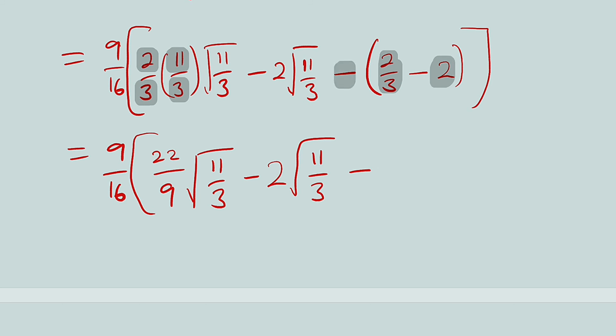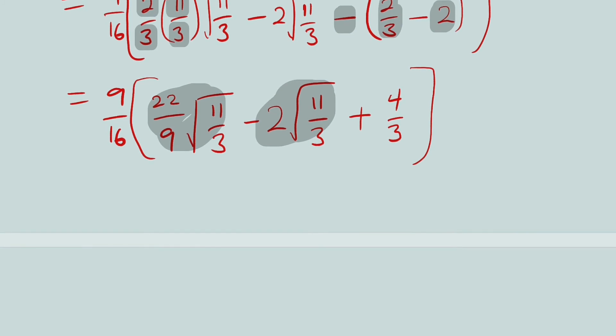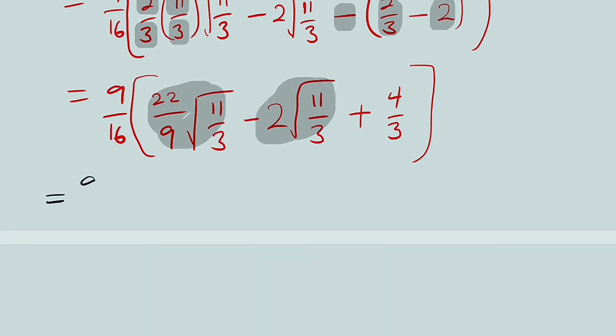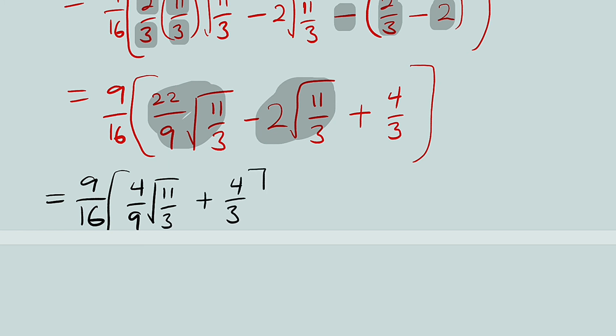And we have another negative here, so they become positive 4 over 3. These two terms are like terms, so we can join them together. This is equal to 9 divided by 16 multiplied by 22 over 9 minus 2 is 4 over 9. So we have 4 divided by 9 multiplied by square root of 11 over 3. Then we add 4 over 3.